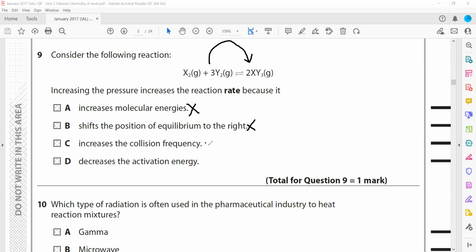Increasing the collision frequency, that's true, because when we increase the pressure, the particles come closer to each other and they will collide more often. As a result, it increases the rate. Activation energy can change only by using a catalyst, which lowers the activation energy so the reaction can proceed at lower energy.